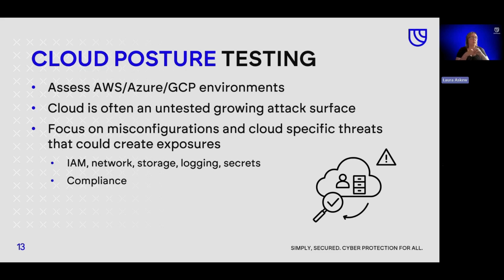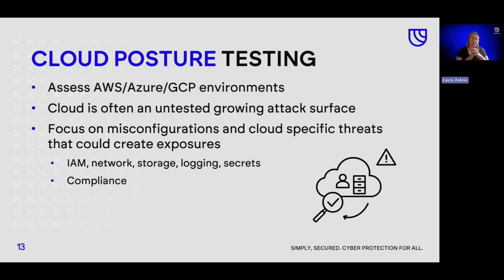So we've just had a pen test where the client was leaking data from their cloud instances, and if you came across that URL, you could see client information. So it's looking for those sorts of things that you think will be locked down, but actually when you look at the configuration, when you test that, when you understand it and then do some testing of it, is it as locked down as you think it is?